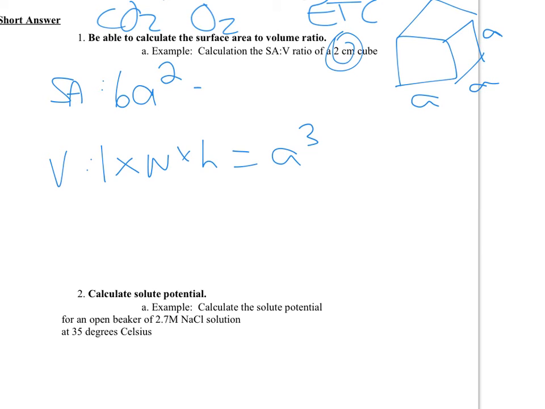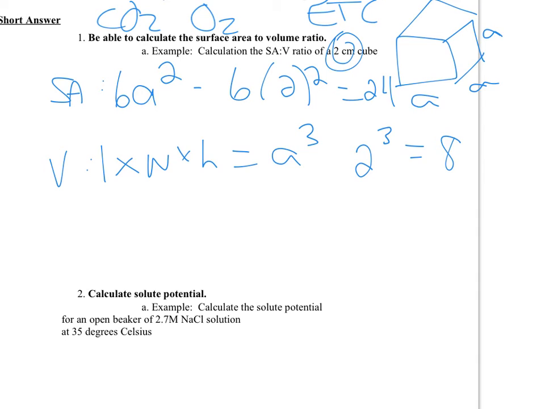So for surface area, that's going to be 6 times 2 squared. So that is 6 times 4, which is 24. And our a cubed is going to be 2 cubed, which is 8.